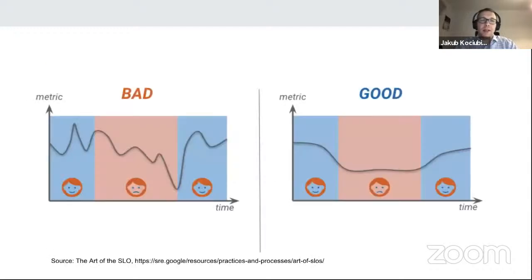It's also important for an SLI to be very well correlated with user happiness, and to be correlated in a way that's easy to see. When you look at the left side of this example, this metric may correlate with user happiness, but when you zoom in to those areas, happy and unhappy, it may be hard to really understand what's going on.